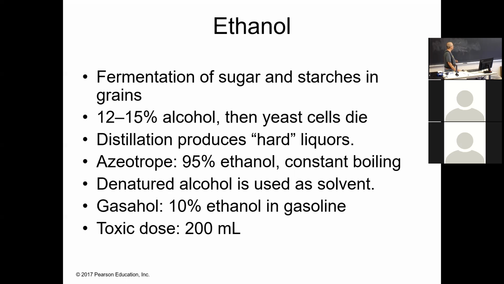So whiskey is often something like 86 proof, which means it's 43% ethanol by volume. I'm not sure where the factor of 2 comes in, but the origin of the term actually goes back over 200 years.